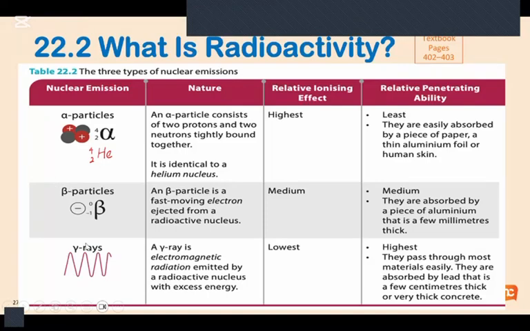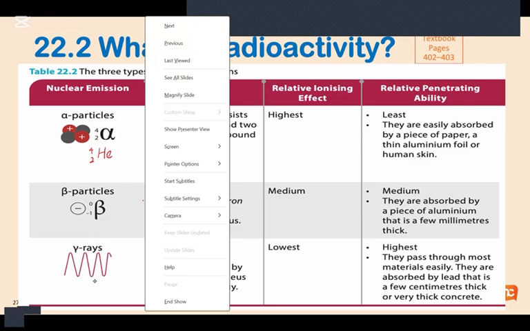Okay, next one, let's talk about beta. Beta particles are just electrons. Electrons have a charge of -1, no neutrons. You can write it as this beta symbol, or you can write it as this.